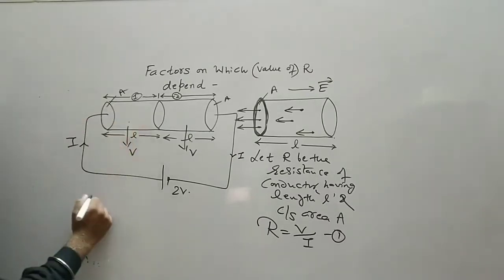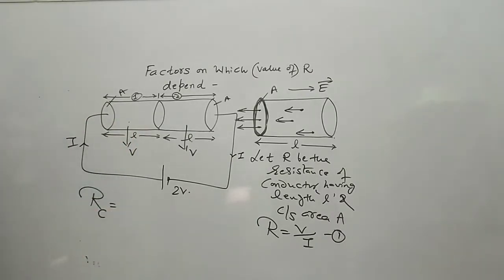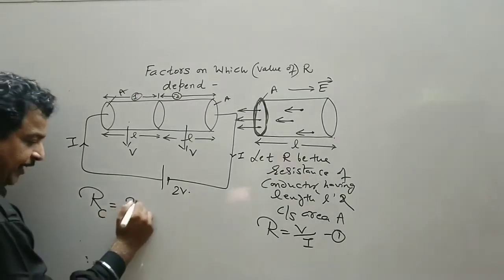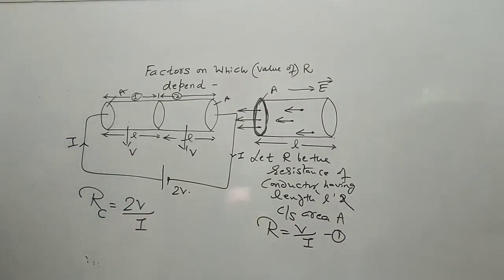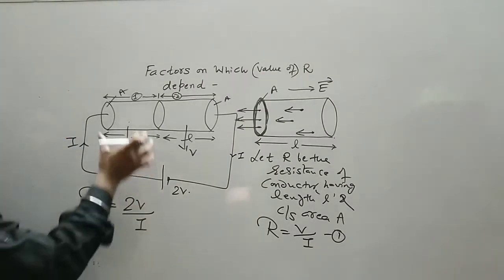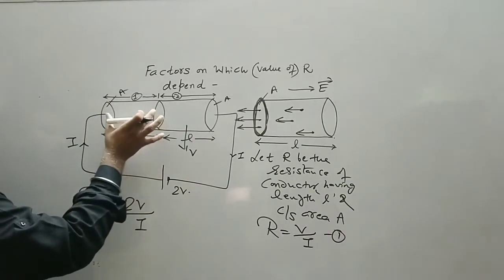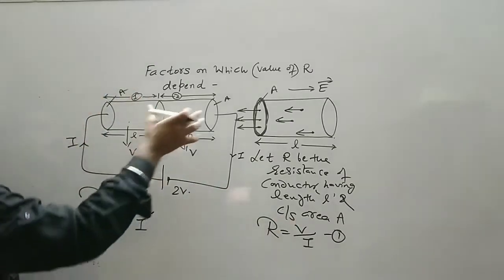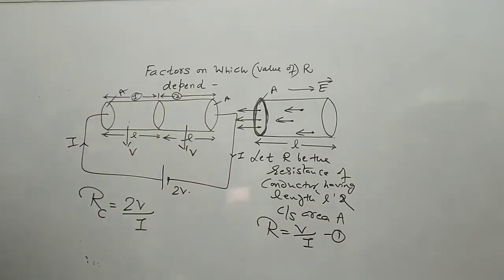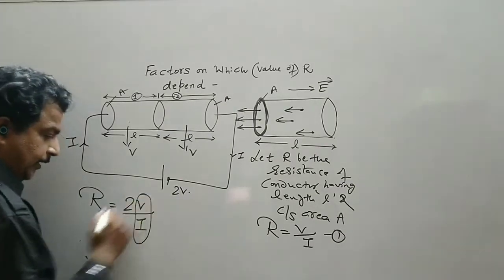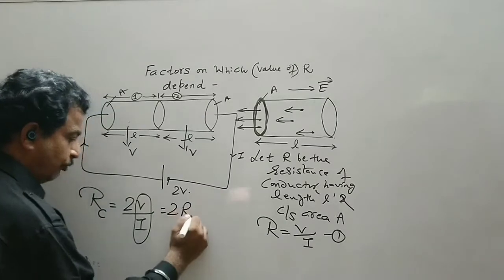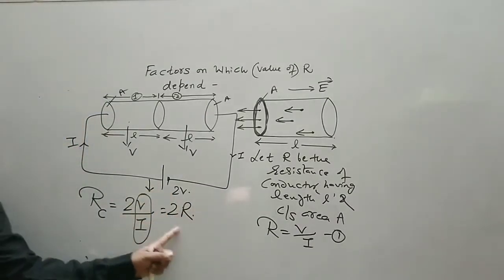Now the resistance of this combination, RC, if I apply Ohm's law, should be 2V by I. Or you say R1 is a resistance, so it becomes V upon I, R2 is a resistance, then it becomes again V upon I, so it becomes 2V upon I. Now V upon I is equal to R. So for this combination, the resistance is doubled.